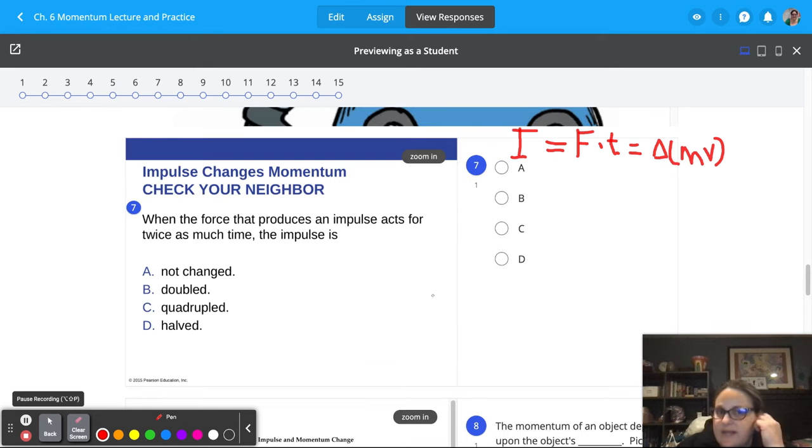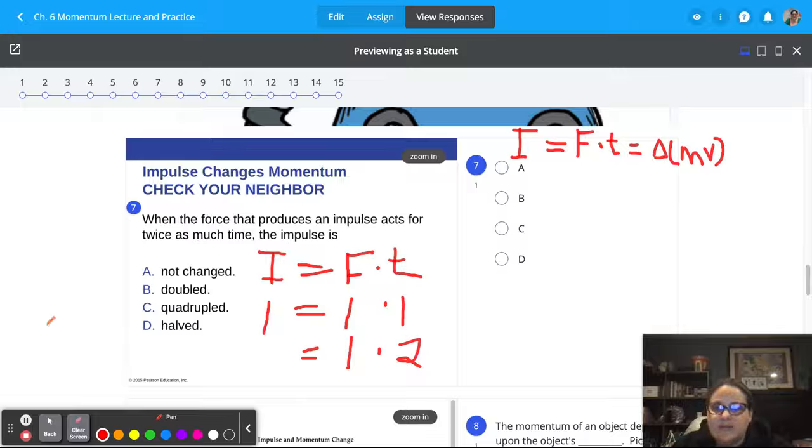All right, for question 7, we're looking at the impulse equals force times time portion of the equation, and we are holding force constant. Same as when we were predicting what happens to momentum when we change velocity, we're looking at how impulse changes when we change time.